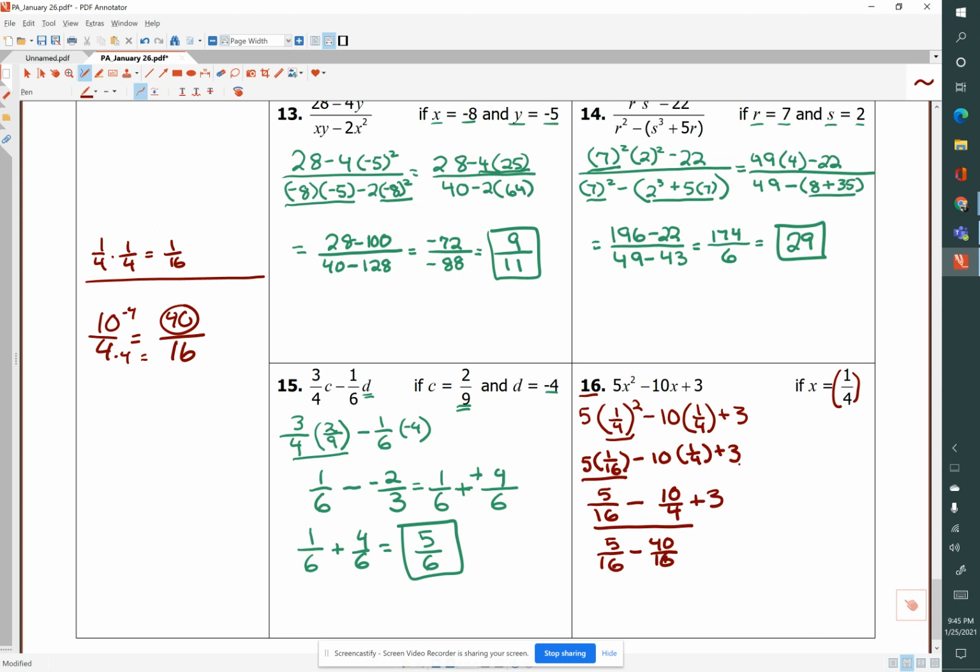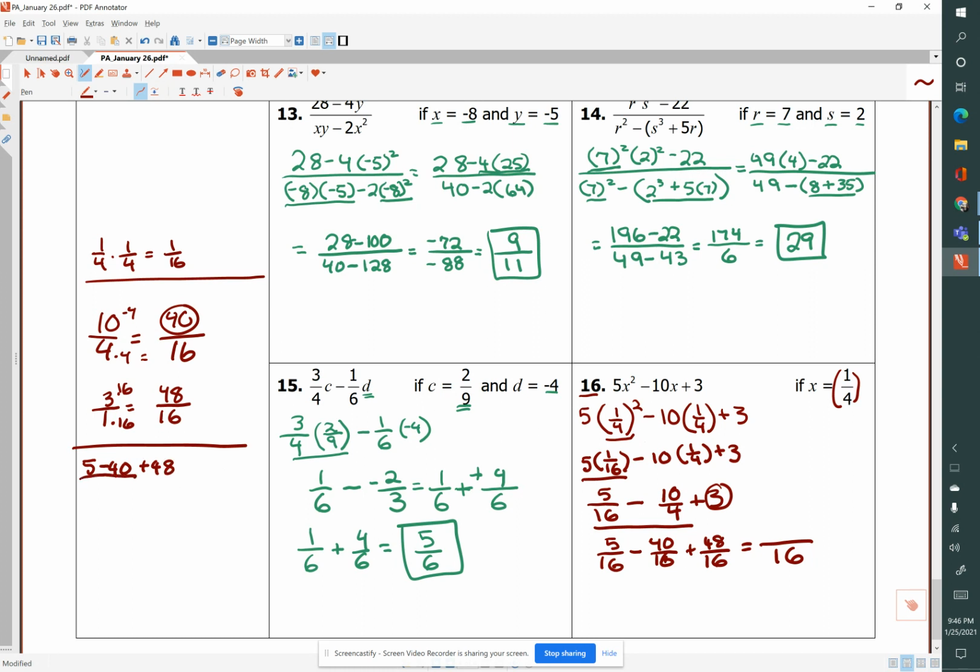And I'm also going to convert the 3 to 16ths. 3 over 1 equals something over 16. If I multiply the 1 times 16, I multiply the 3 times 16 to get 48. So I converted the 3 to 48/16. Now that I have 16ths in the denominator, all I need to do is 5 minus 40 plus 48.